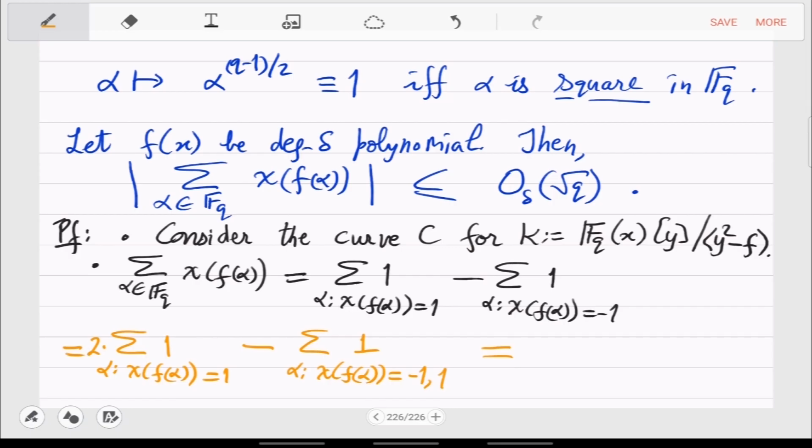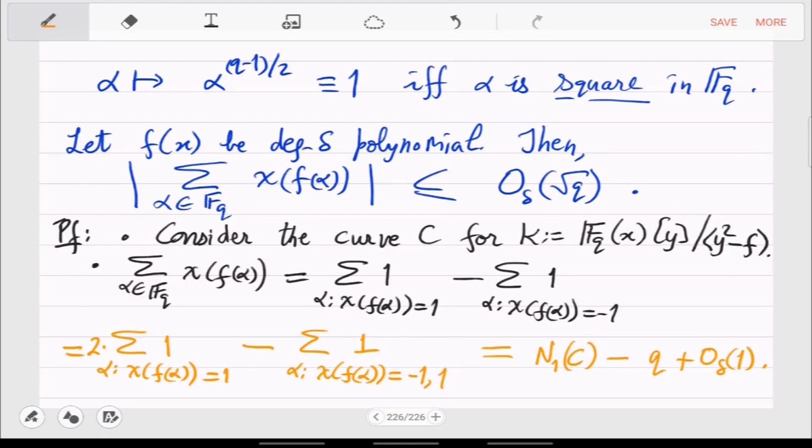So I can write this as, the first one is essentially the number of points on the curve, and the second is q plus something dependent on delta. Is that correct?